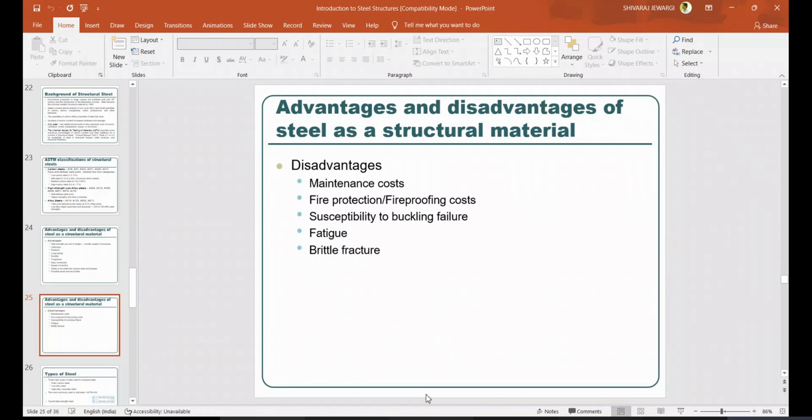And then next, the strength of steel is considerably reduced when it is subjected to fire.